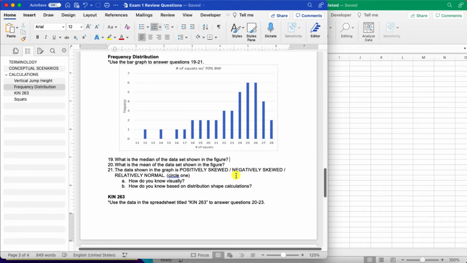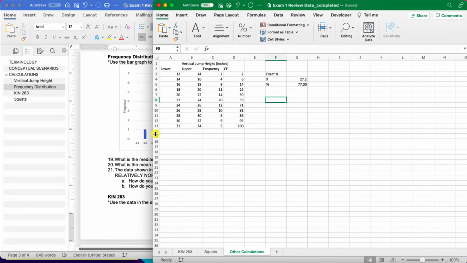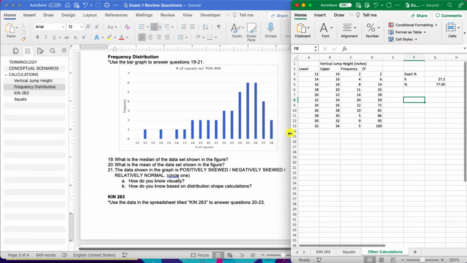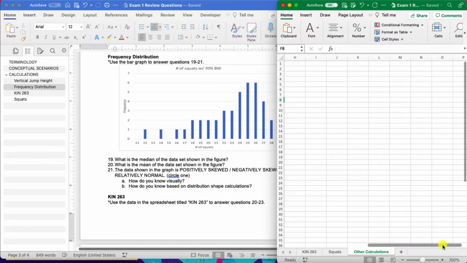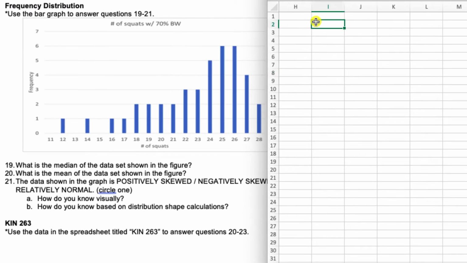So to do this, we need to use Excel. And I'm going to adjust some of the elements on my screen so that it's a little bit easier to follow along. To find the median, we need to change our frequency distribution into a list of data.